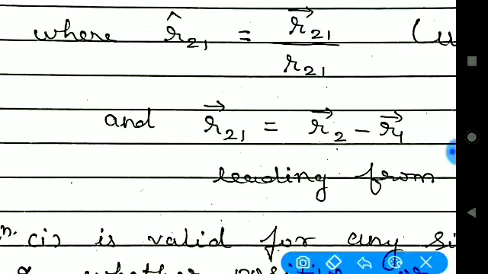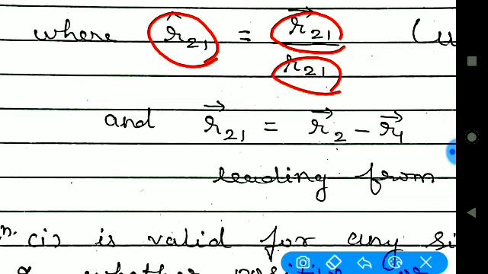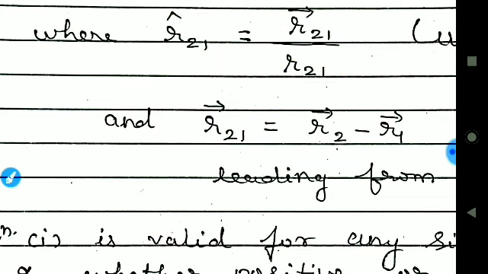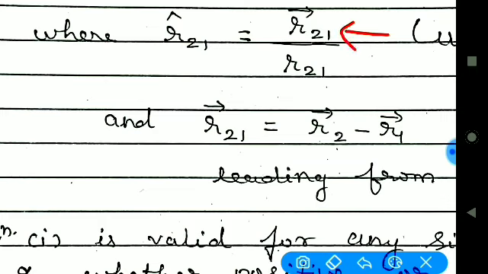Any unit vector can be represented by the vector divided by its magnitude. So here also this unit vector R21 is equal to vector R21 divided by its magnitude. Again, this vector R21 can be mathematically written as R21 is equal to R2 minus R1.